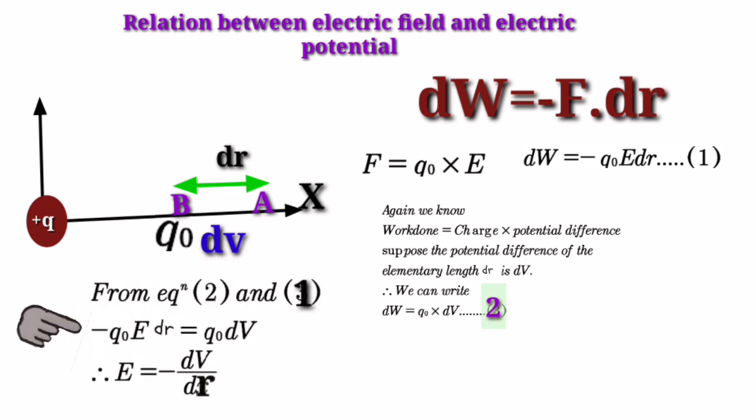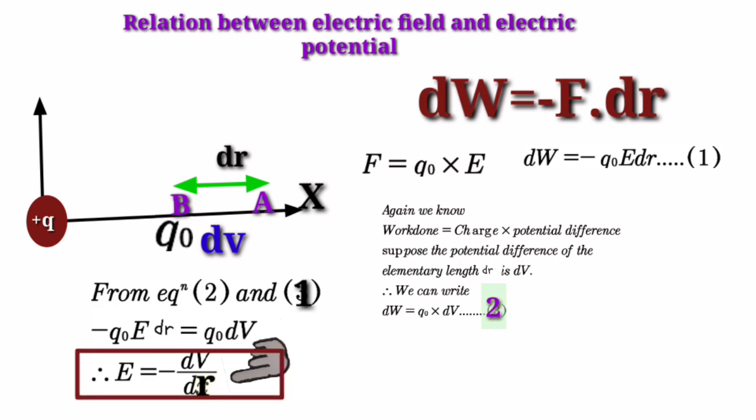Therefore, from equations 1 and 2, we can write minus Q0 E into dr is equal to Q0 into dV. So, we can write E is equal to minus dV by dr, which is the relation between electric field and electric potential.